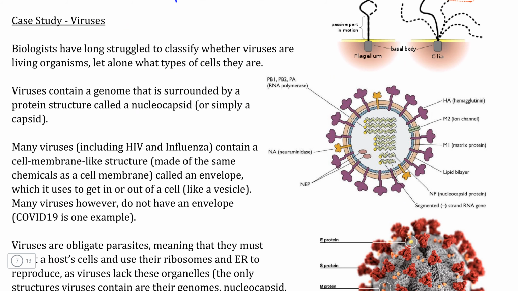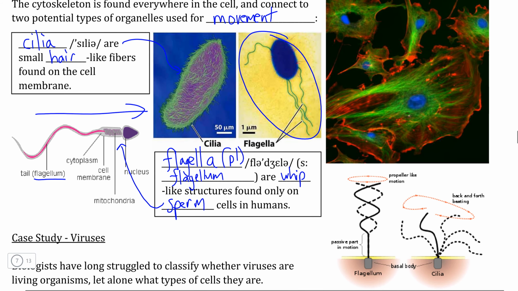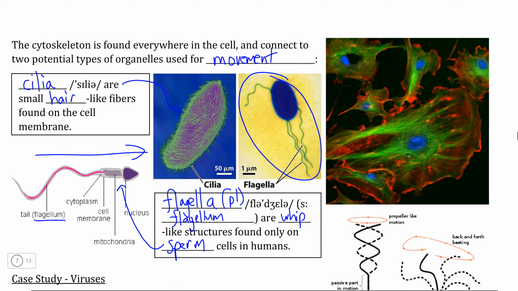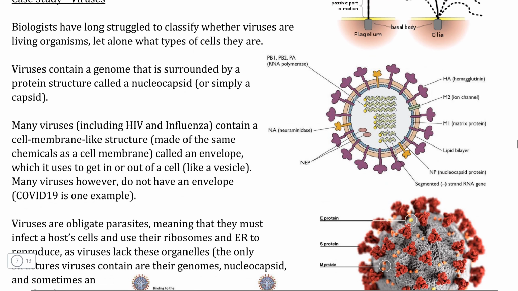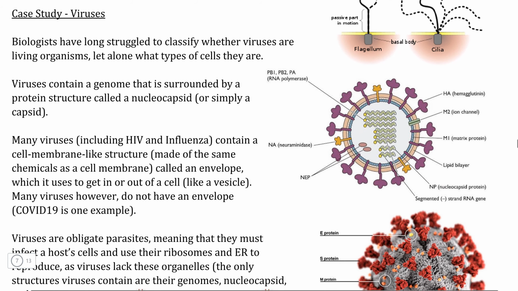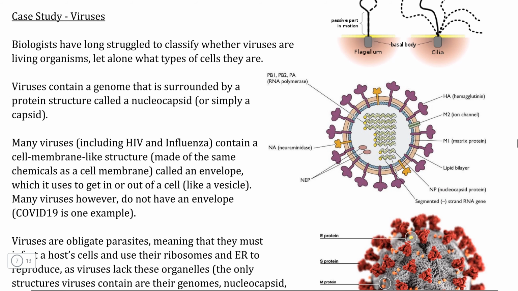To test your knowledge on what the functioning of each type of organelle is, and where we actually find each type of organelle, you can try this case study here that actually looks at viruses, and what you need to do is take a look at your knowledge of the different parts and functions of cells and compare that to the structures that we find of viruses based on the description that's given here, and come up with a conclusion about whether we can truly classify viruses as being cells or not.